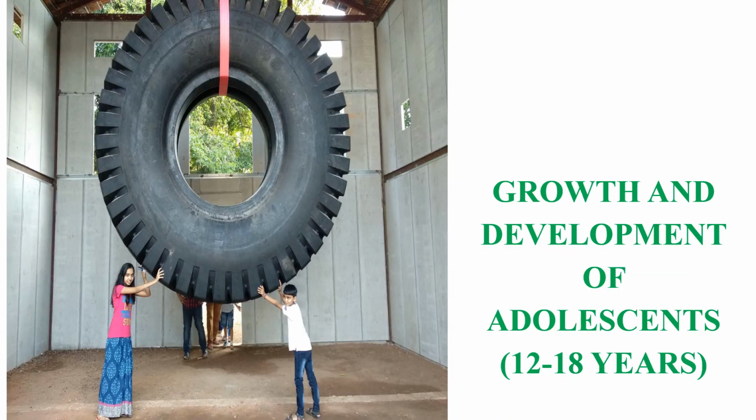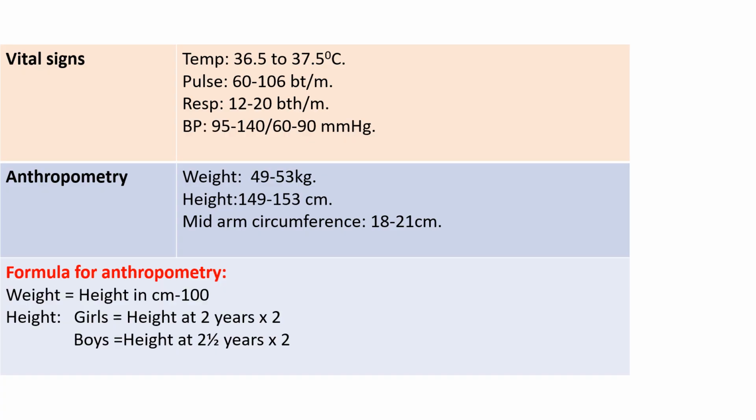Now moving on to the growth and development of adolescence, that is 12 to 18 years. Vital signs: temperature 36.5 to 37.5 degrees Celsius, pulse 60 to 106 beats per minute, respiration 12 to 20 breaths per minute, BP 95 to 140 by 60 to 90 mm of Hg.